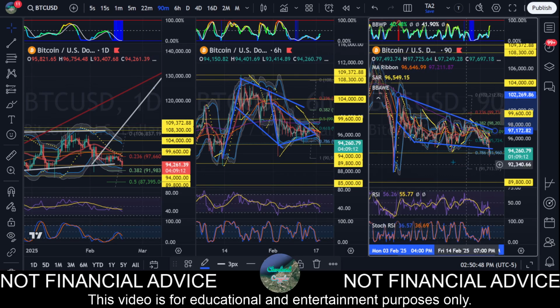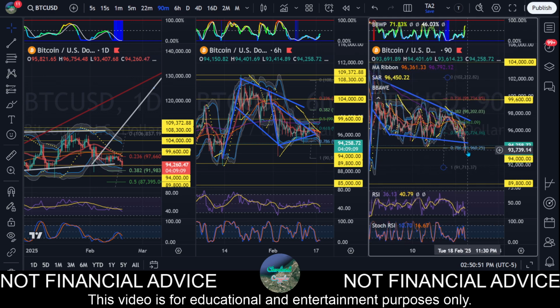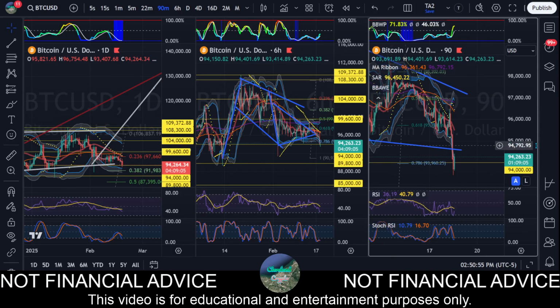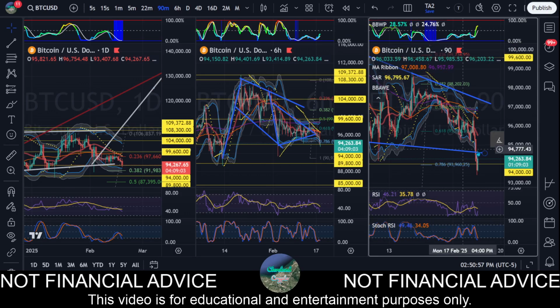And if this 94 level, which has been lost briefly here on the 90-minute chart, can't hold up, then, like we've been talking about for a little while now, if that 94K doesn't hold up as support, then we're gonna have some troubles, and we're gonna see some lower price levels for Bitcoin here. But as it stands, we are seeing it kind of holding up.